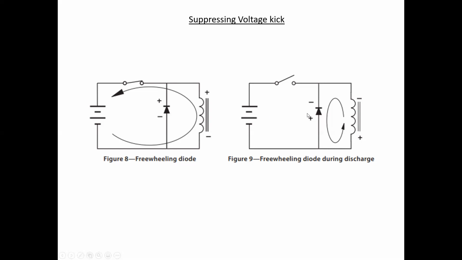When you open the switch, current will flow the opposite direction from the inductor through the diode, causing the diode to conduct, so current will flow through it. And that will provide a discharge path for the inductor itself. It's a little short circuit.